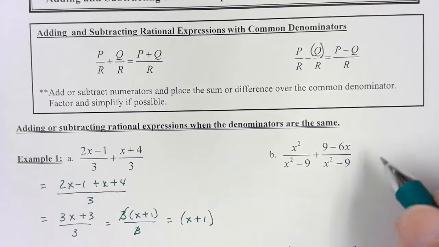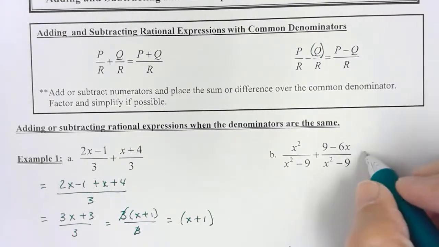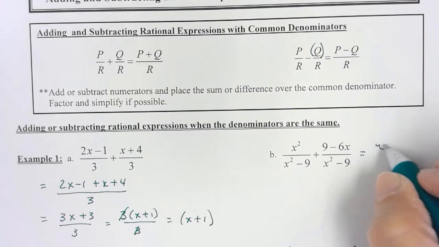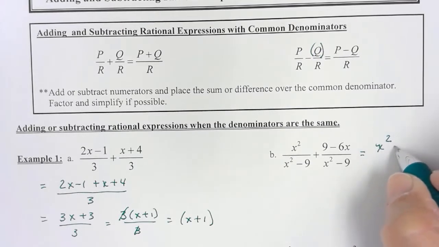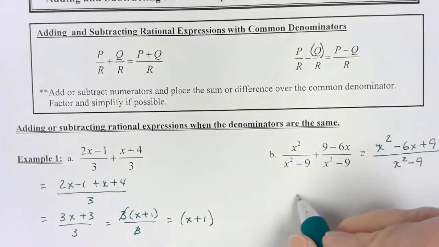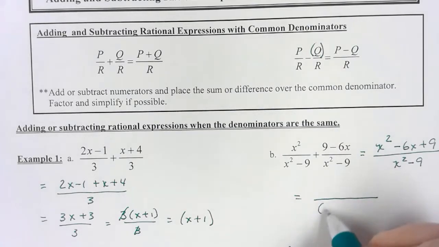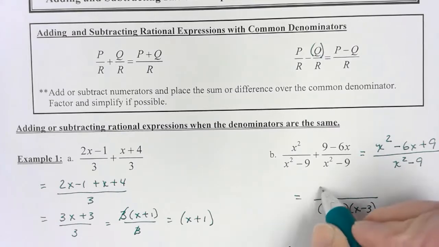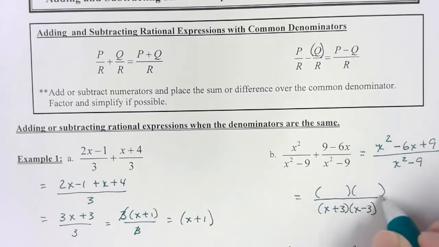In the next one, again, I've got addition. Let's see if I can go across this way. I'm going to have x squared minus 6x plus 9. You need to go ahead and write it in descending order. Now this all factors: the denominator to x plus 3, x minus 3, numerator.